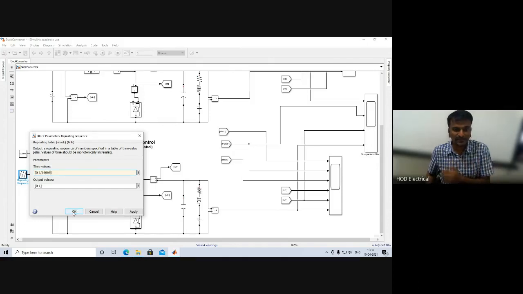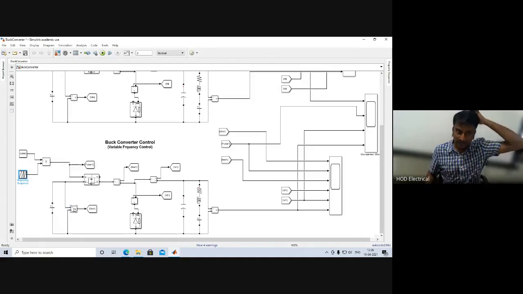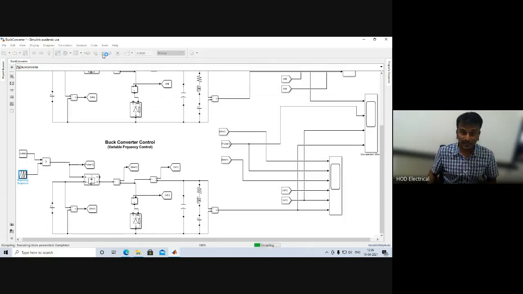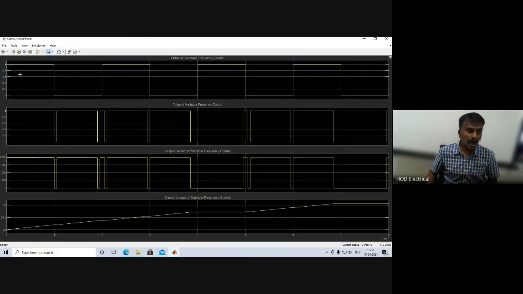So I have increased the switching frequency. Now let me run the simulation for 0.008 seconds. If you run the simulation, we will come to know that here on time is constant. By reducing off time, I increased the switching frequency.